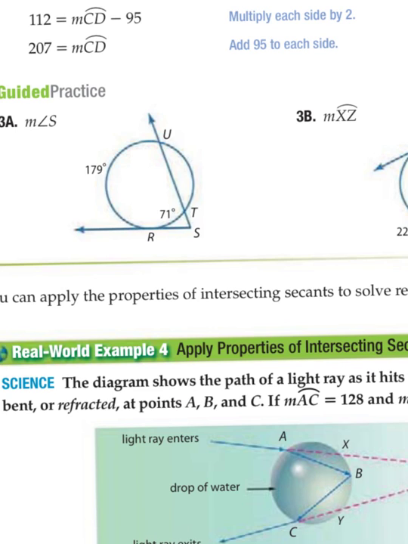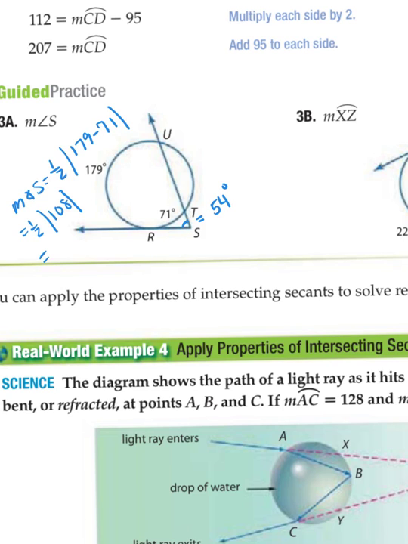So that tells me that the measure of angle S is going to equal 1/2 the difference of the two arcs that fall between the sides of angle S. So I'm going to have 1/2 of 108. So my angle S out here, this little angle right here, is going to equal 54 degrees.